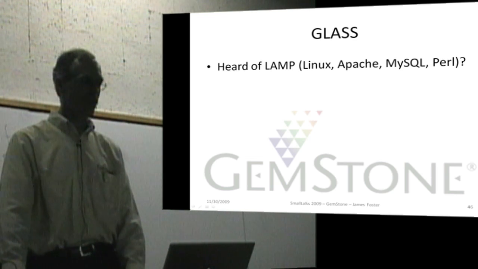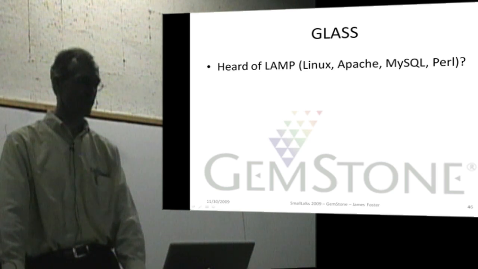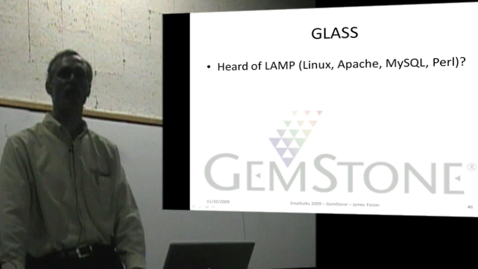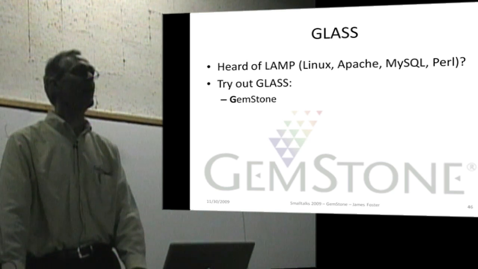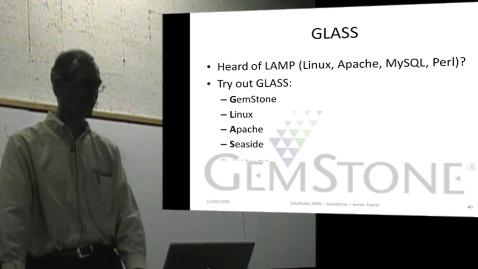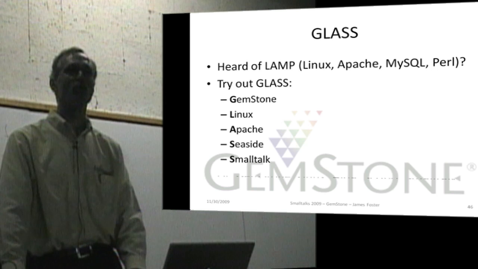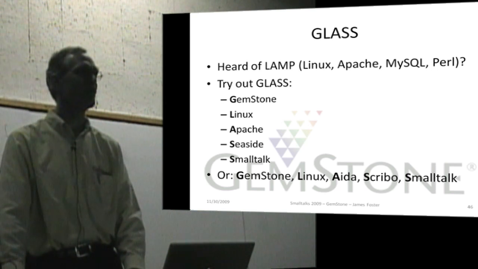Now, GemStone, you've heard of LAMP, perhaps? Linux, Apache, MySQL, and Perl, Python, PHP. Well, we have GLASS: GemStone, Linux, Apache, Seaside, Smalltalk. The acronym also works for those who are doing GemStone, Linux, AIDA, Scribo, and Smalltalk.